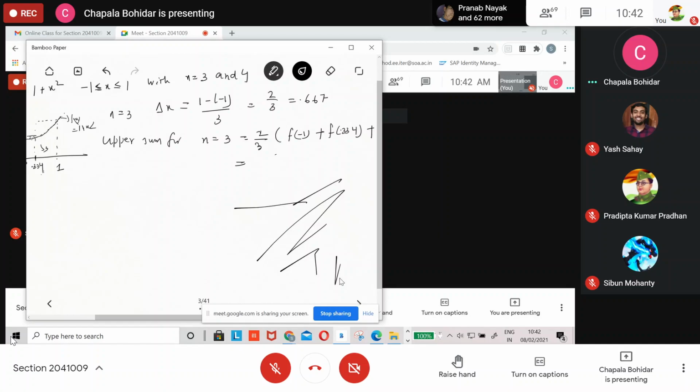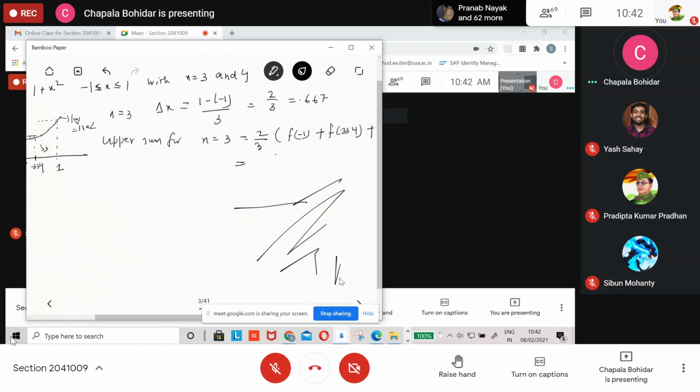Okay. Upper sum. Now for n is equal to 4. I want to see who is responding.